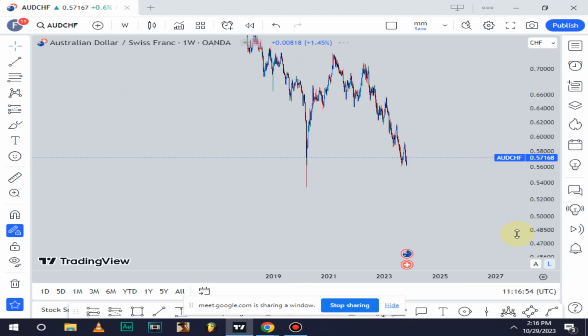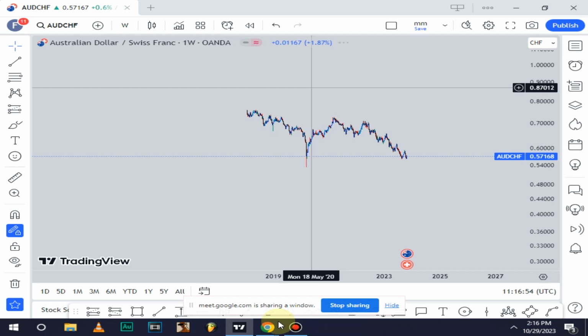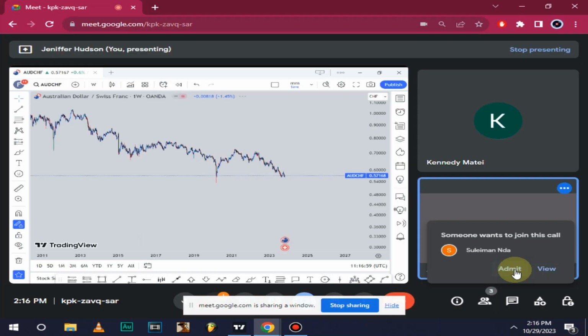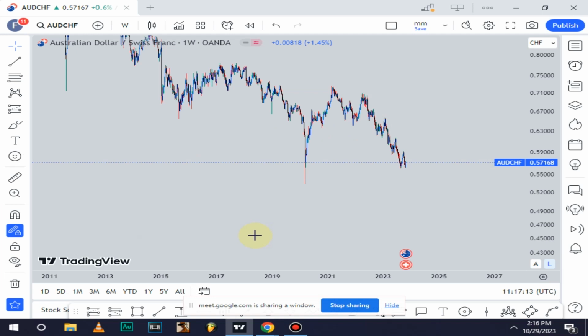All right. So here we go. The first thing I need to identify is the previous low and the previous high.